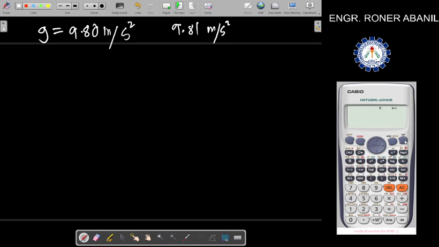Yung letter G. Okay? So, saan ba yung letter G na yon? Sa constant, anong number yun? Baka 36. So, Shift 7, 36 ata. Ay, hindi. Sa calculator, alam ko nandito yan eh.